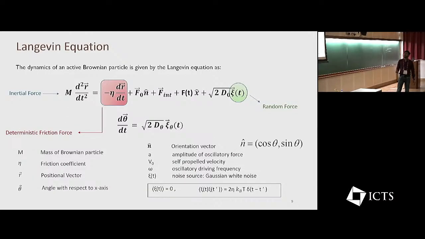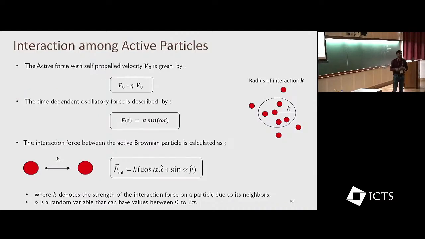The dynamics is governed by Langevin dynamics, and the random kicks experienced by the particle are modeled using Gaussian white noise. This is the inertial term, this is the active force, and this n cap is the orientation vector. We are also assuming that the active particle interacts with neighbor particles.